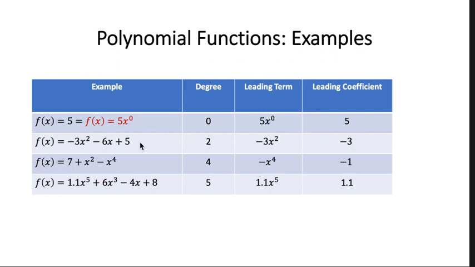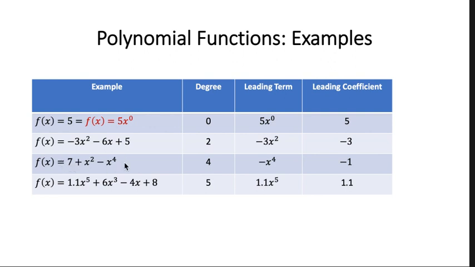Did you get a degree of 4 for this one? Be careful. The degree is the highest power in the function. The leading term is negative x to the 4th. See, the leading term is the term that has the highest exponent, so it's not necessarily the first one.